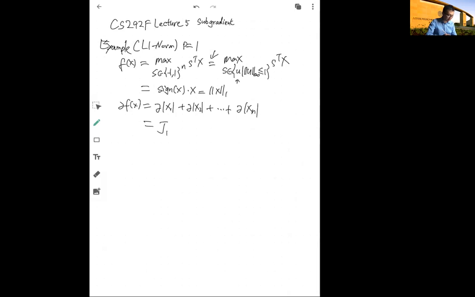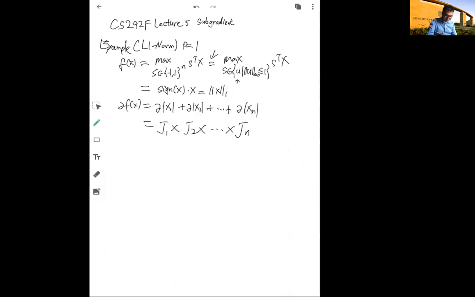So this is equal to J1 times J2 times up to Jn, and these are Cartesian products, which gives us a set in R to the n.